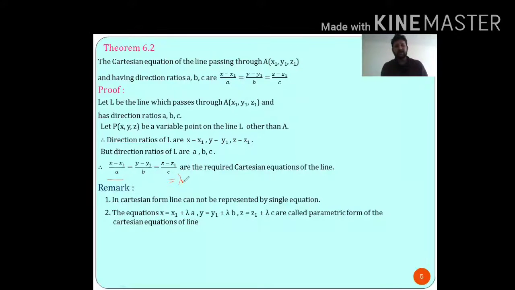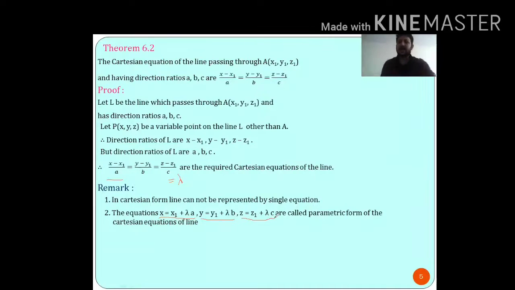The denominator a multiplied with lambda gives a lambda; x1 shifted to the right side will be plus. So x is equal to x1 plus a times lambda. Similarly y is y1 plus b times lambda, and z is equal to z1 plus c times lambda. These are called the parametric form of the Cartesian equations of the line.